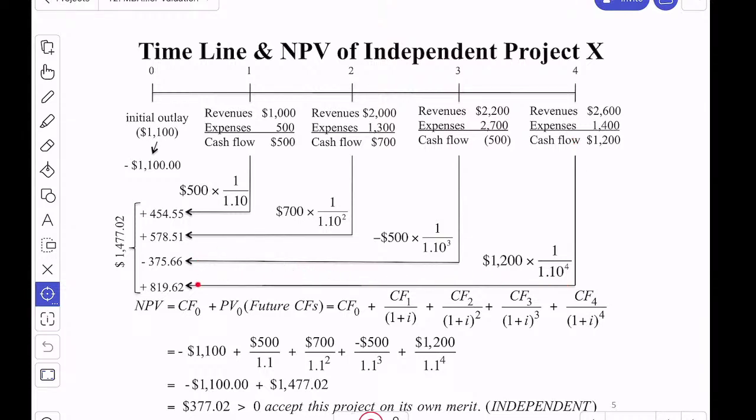We need to discount them and sum them all at time zero. And this is accomplished very easily using the CF keys of the calculator. So let's practice doing that right now. Use the CF keys of the calculator to get the answer.